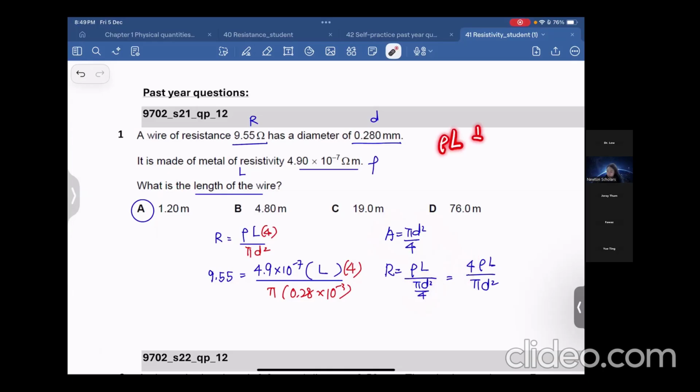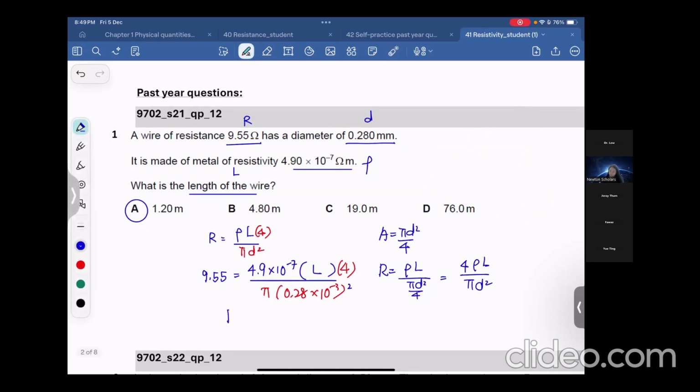Rho L divided by pi d square over 4 is rho L times 4 over pi d square. So at the end, 4 times resistivity times the length divided by pi d square. If you do it correctly, you should get 1.20 meter.